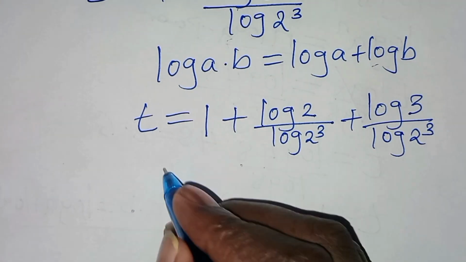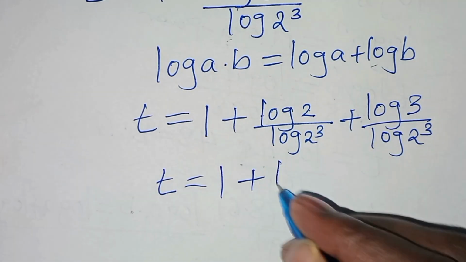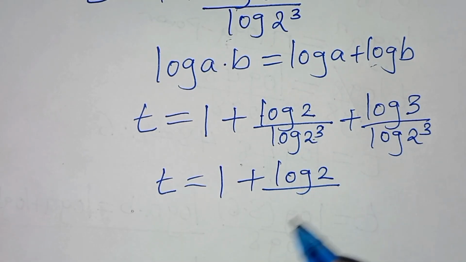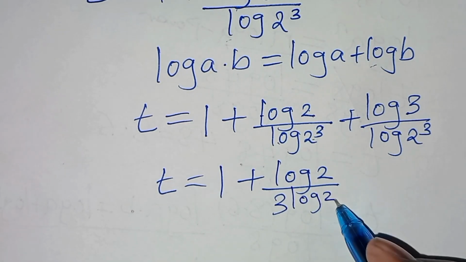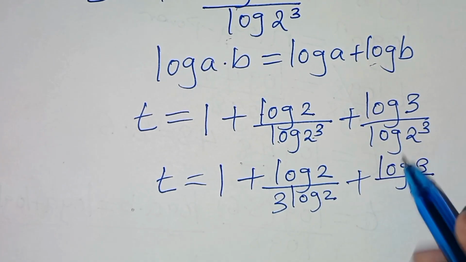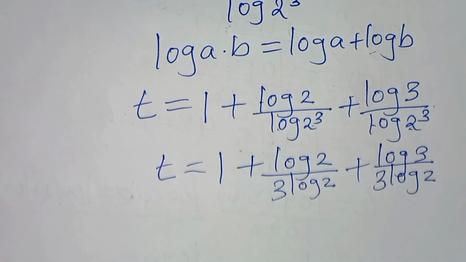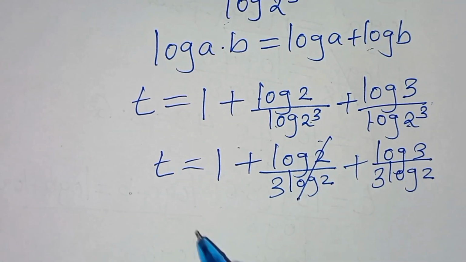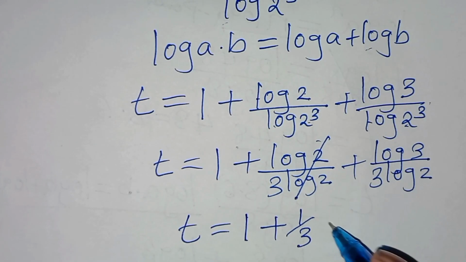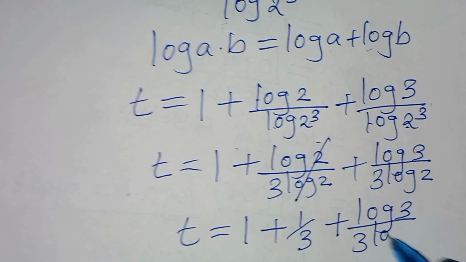Applying the power rule property, log 2 divided by log 2 to the power 3 becomes log 2 over 3 log 2, and log 3 over log 2 to the power 3 becomes log 3 over 3 log 2. Now we simplify log 2 and log 2, so that t is equal to 1 plus a third plus log 3 divided by 3 log 2.